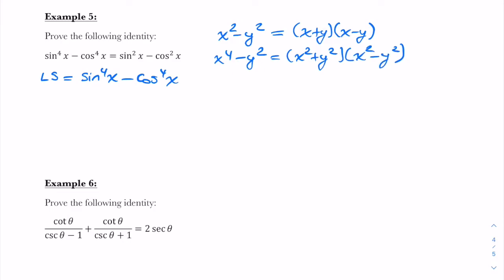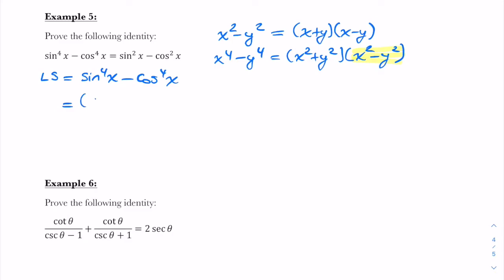And notice, this is just another difference of squares which can be further factored again. But my point is, oh, sorry, I just caught a little typo here. That should have been y to the 4th. But anyways, my point is, this is just a difference of squares. So let's factor it like that.